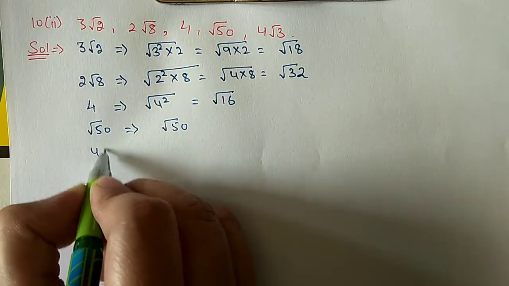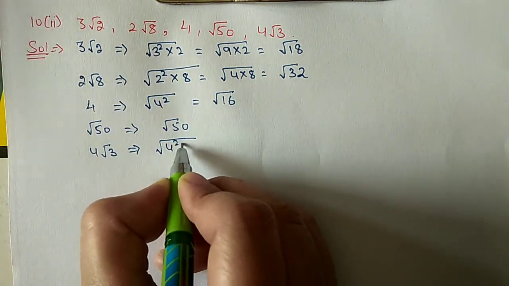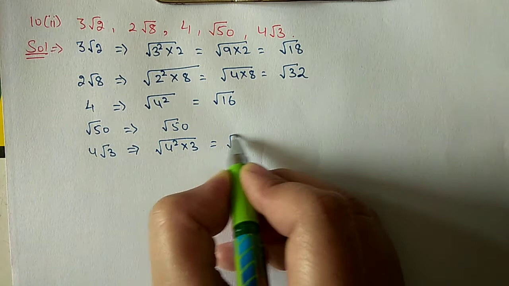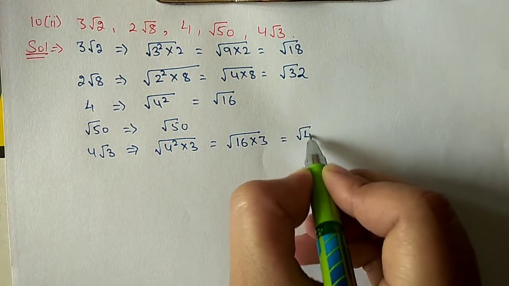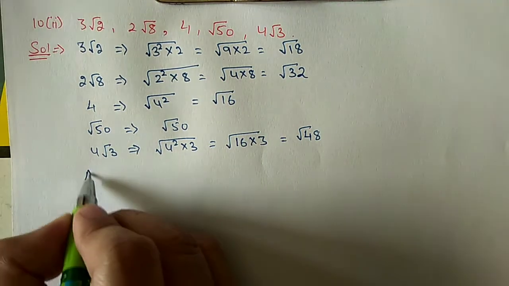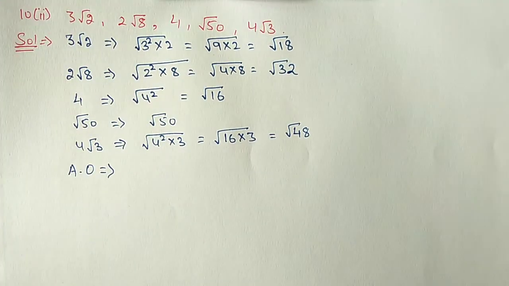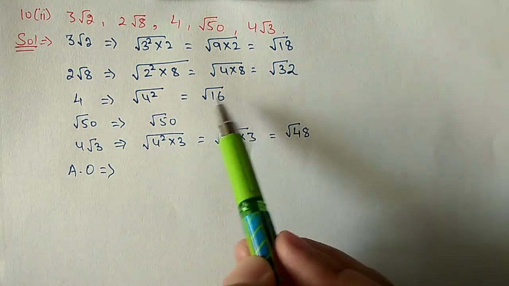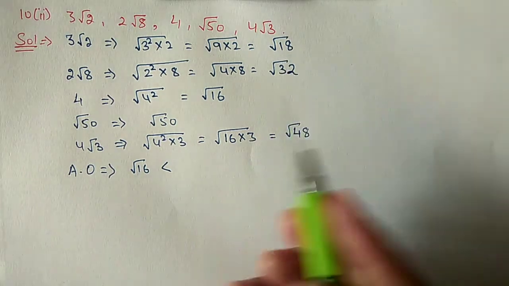The fourth number is already given in root form, so no need to change anything. The fifth number given is 4 root 3. So 4 we can take inside, it will become 4 square into 3. 4 square is equal to 16 into 3, root of 48. Now these numbers we have to arrange in ascending order, means from small to big. So the smallest number is root of 16. Then next we have root of 18.